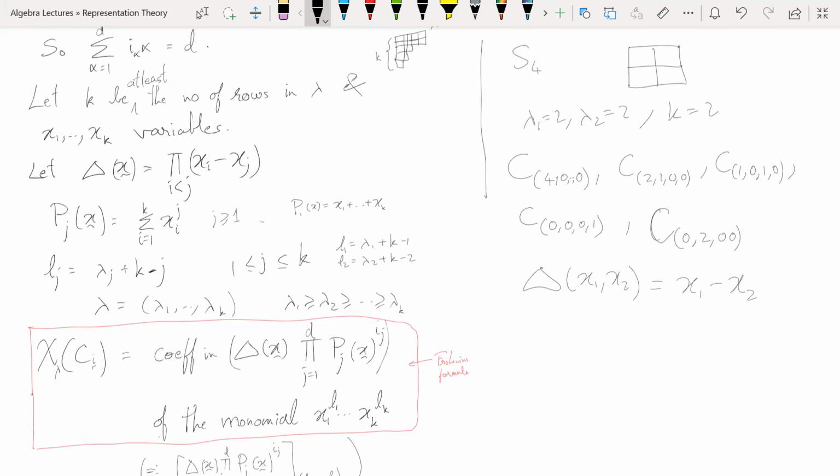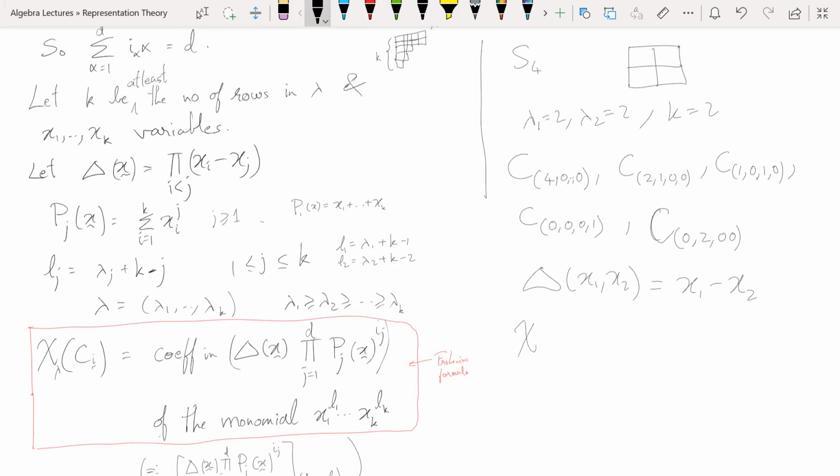So it's just x1 minus x2, and delta, sorry, delta x1 x2 is x1 minus x2. So pi is, yeah, we'll have to compute each of them.